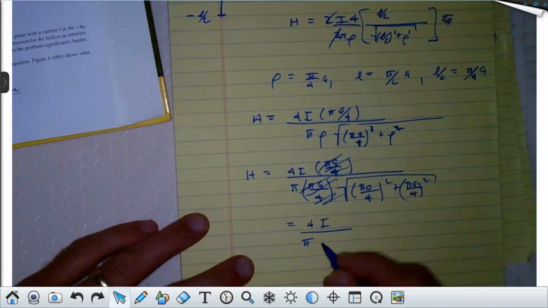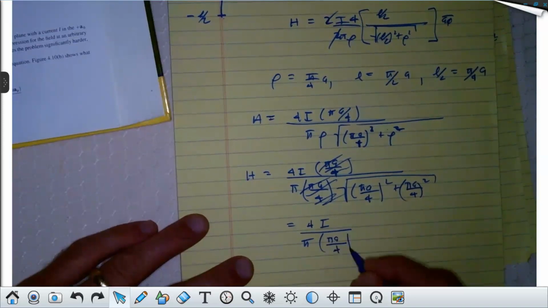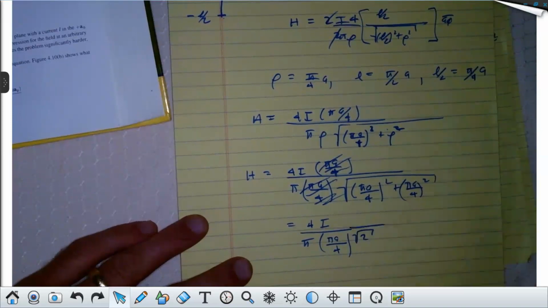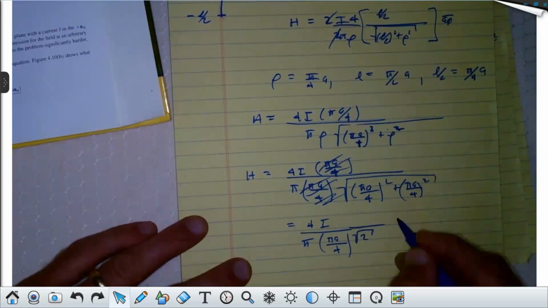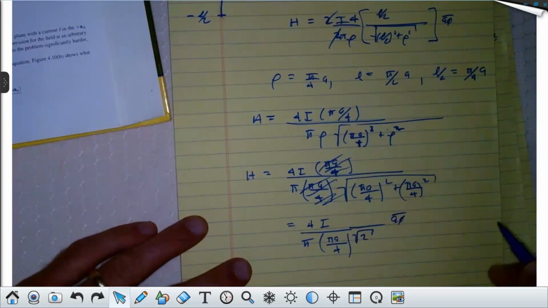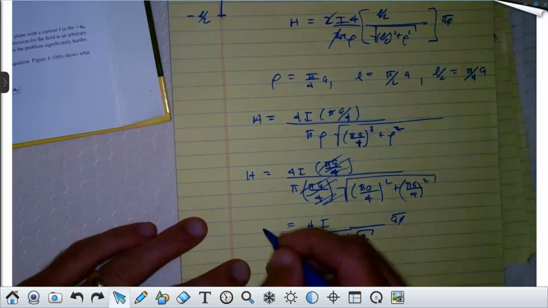Pi, and then I have pi a over 4 here, and then I have square root of 2 here. And if you want to, you can take the 4 upstairs and you get 16i over the square root of 2 pi squared a. And that would be the H field at the center.